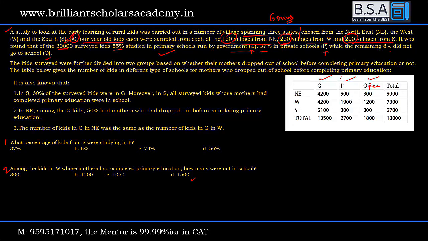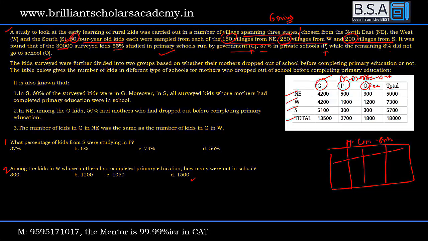So there will be another table in which mothers completed primary education. Again, I will need the same 3 regions and total: government, private, open, total. So I'm going to require one more table like this.